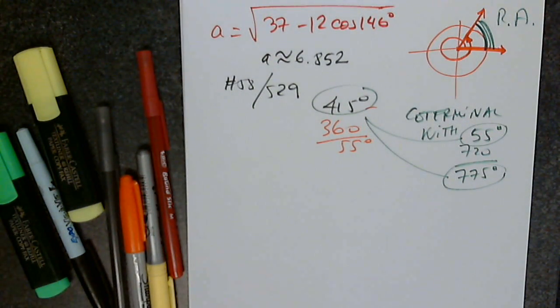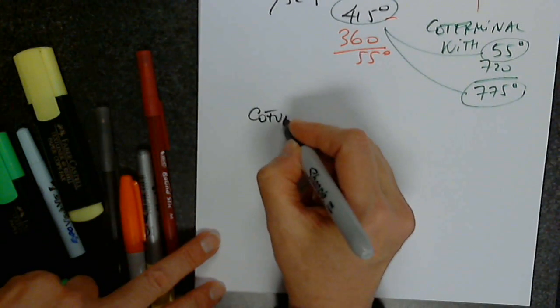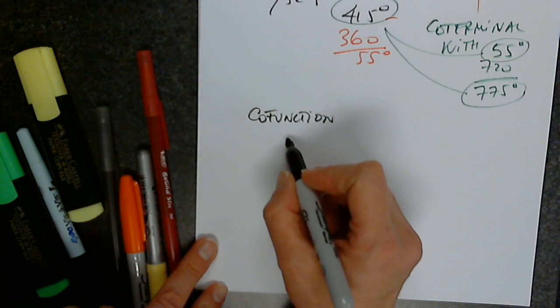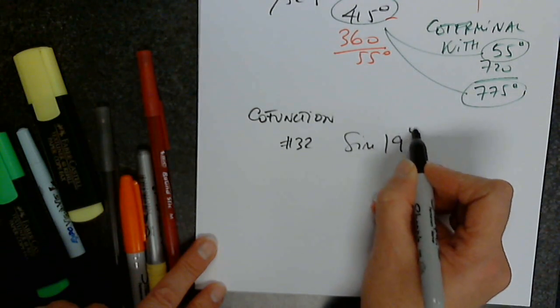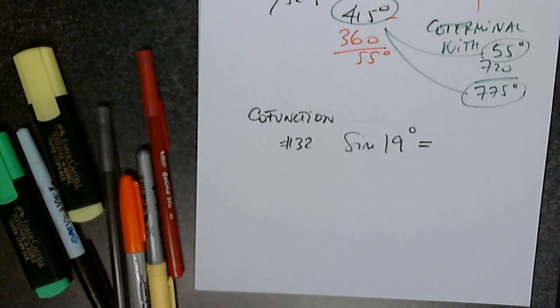Let me just say, give me a co-function identity, with, let's say, problem 32. Sine 19 degrees. Which is the co-function of sine?